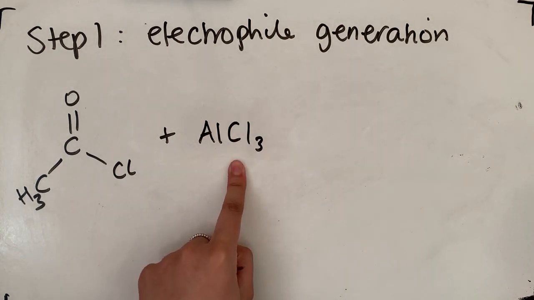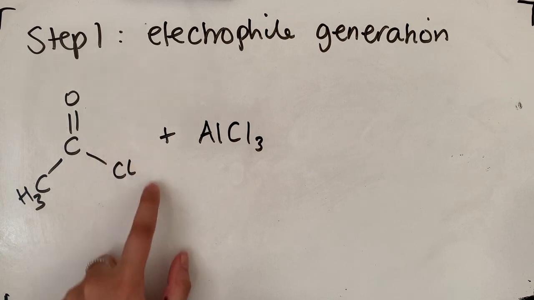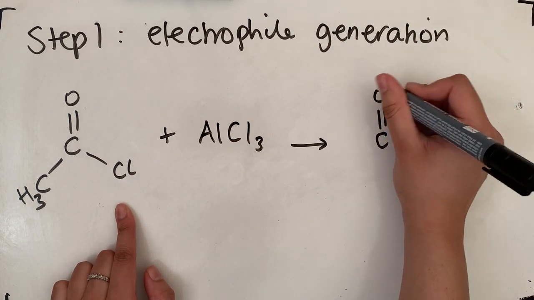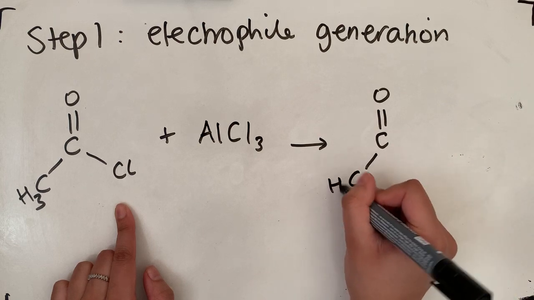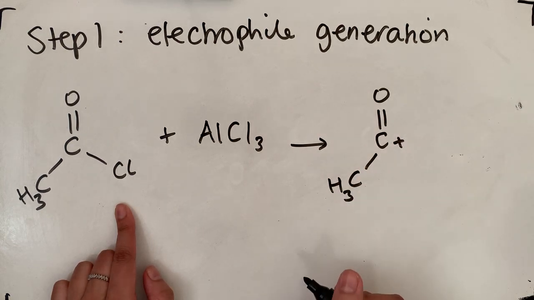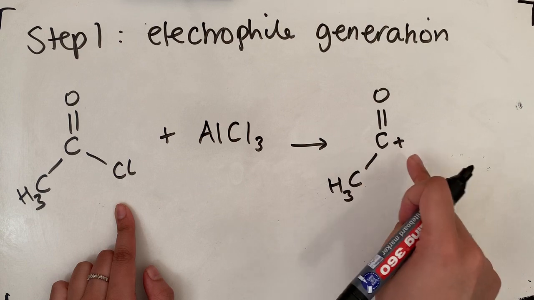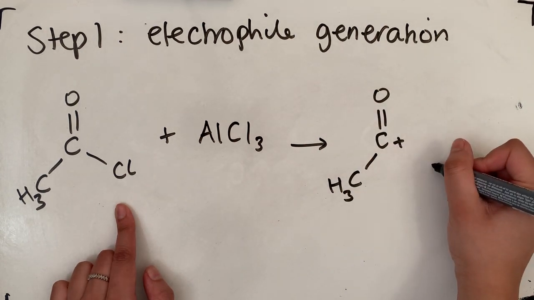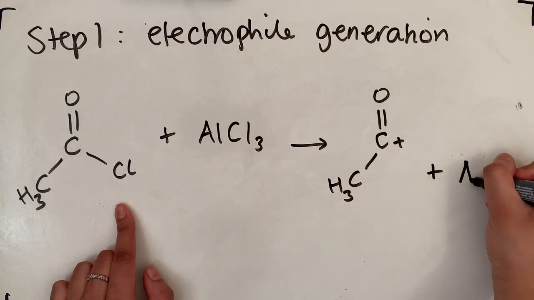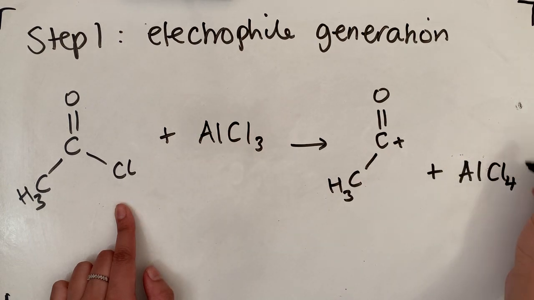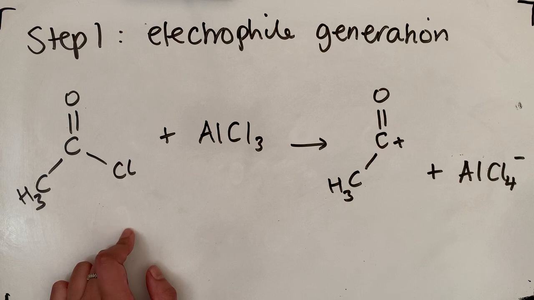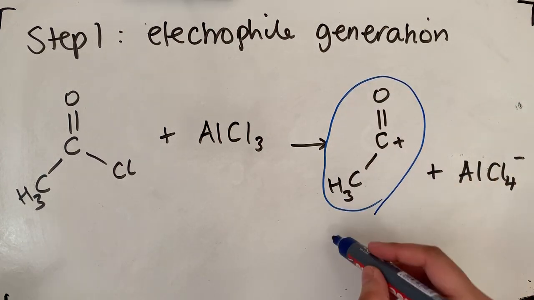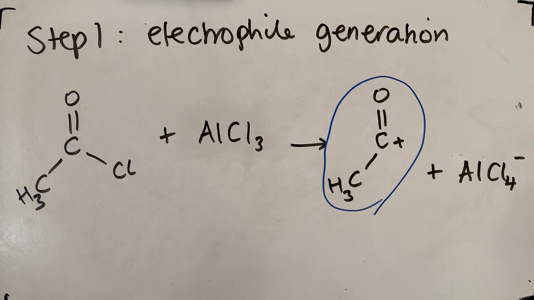What the AlCl3 is going to do is pluck off a chloride ion over here, and that's going to leave behind this weird looking thing over here. It's a carbocation, with a positive charge on that carbon. This over here is going to be our electrophile, and the other product is AlCl4 minus. So again, this is going to be our electrophile in this case.